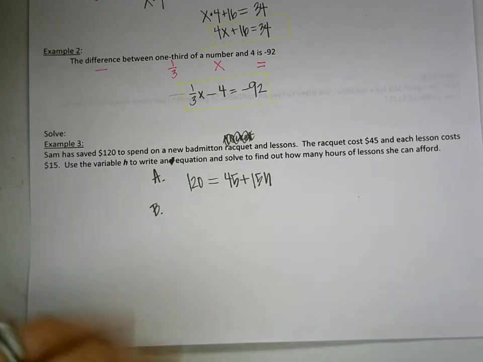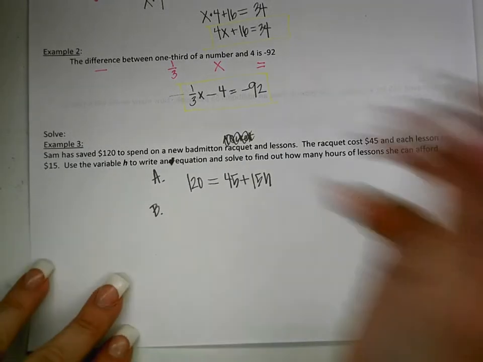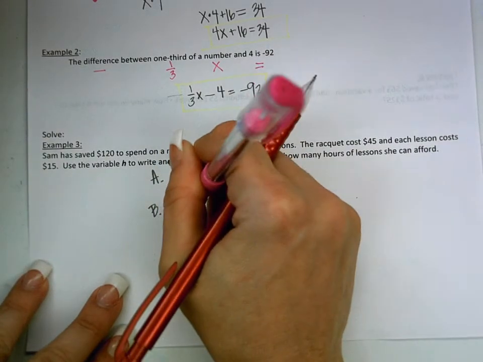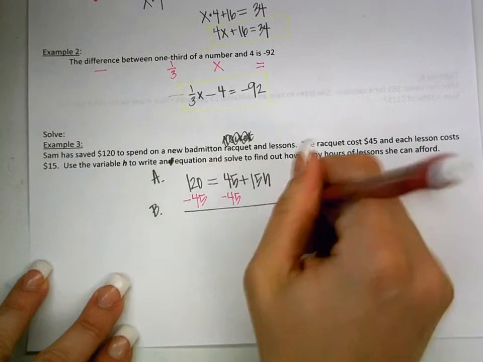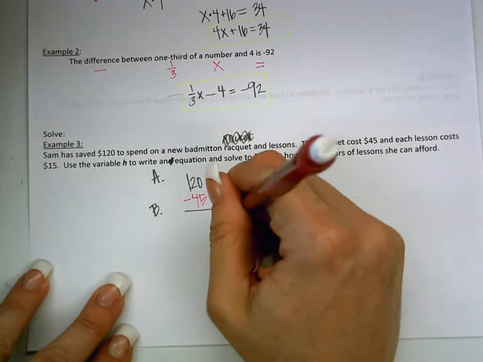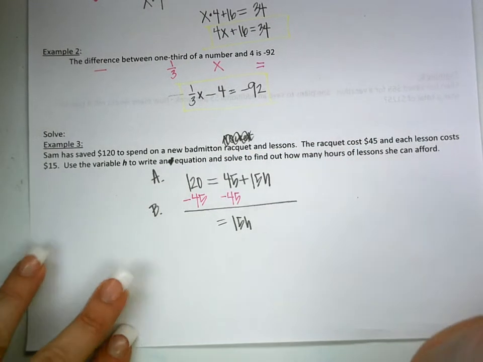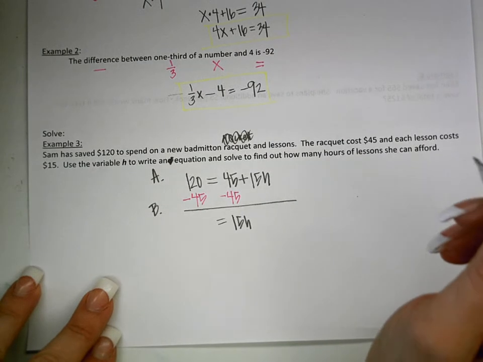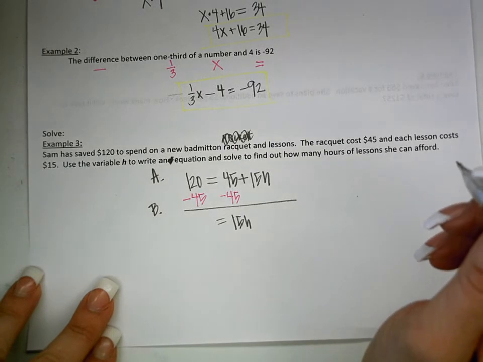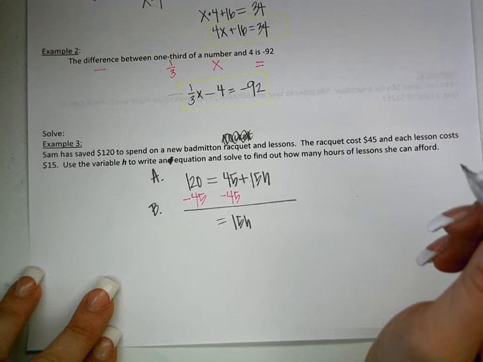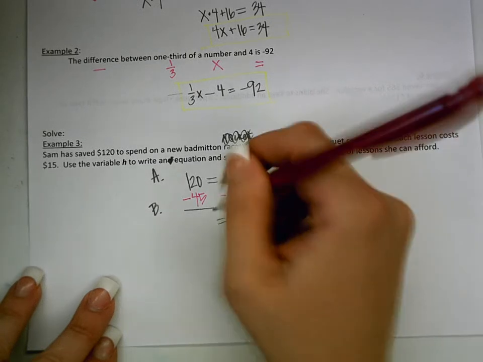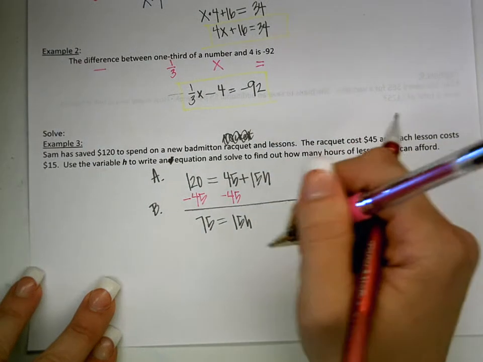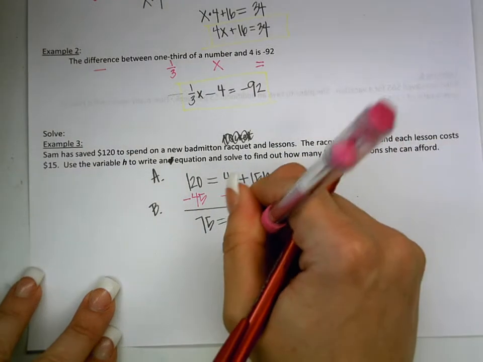You would subtract 45 from both sides. 120 minus 45 gives me what? 75. Then how do I get h by itself? Divide both sides by 15.